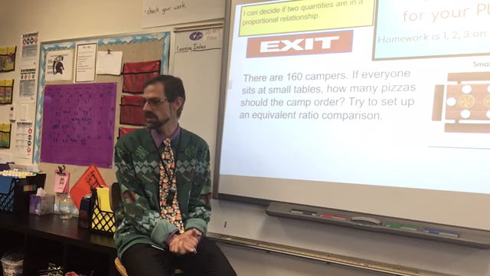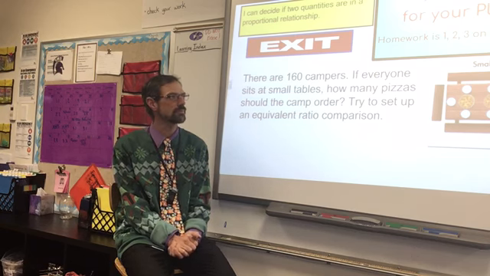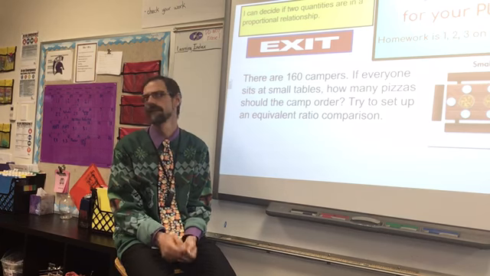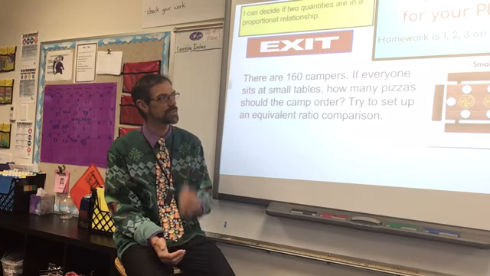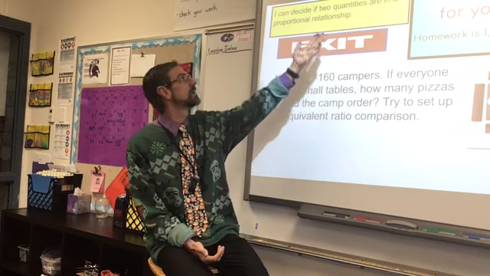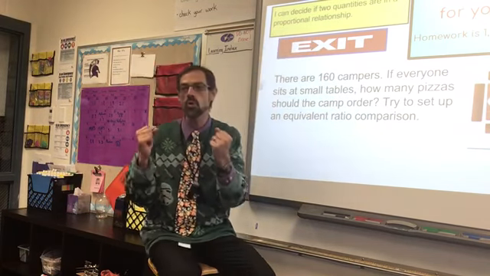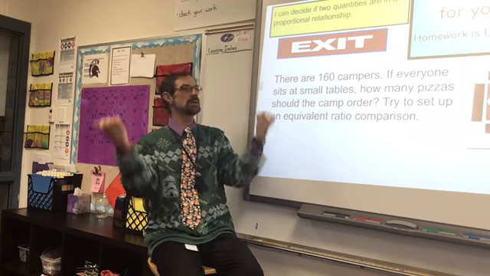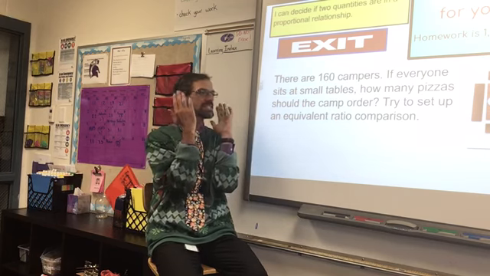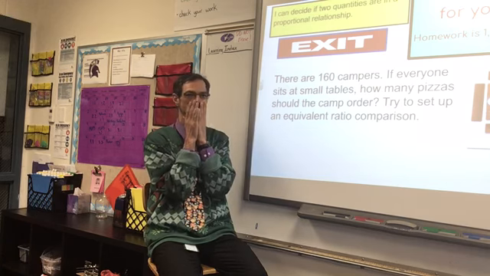Homework: 1, 2, and 3. 1 and 2 are just single, and 3 I think is A and B if I remember right. It's on page 51. So we're talking about proportions, right? That I can decide if two quantities are in a proportional relationship, meaning they're equal to each other. This is a perfect example.